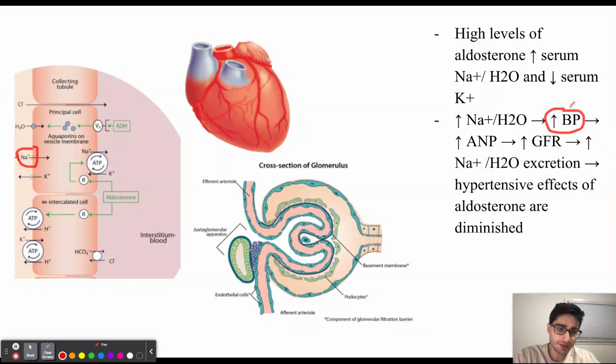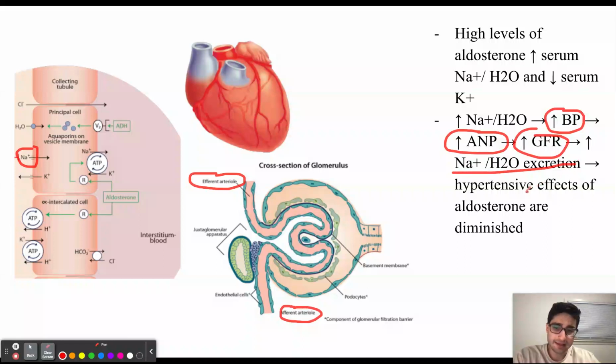When we have hypertension, the atrium is going to release a hormone called ANP, and ANP is going to cause an increase in GFR by dilating the afferent arteriole and constricting the efferent arteriole. And this increase in GFR is going to cause excretion of sodium and water. And so that is in return going to diminish the hypernatremic and the hypertensive effects of aldosterone.